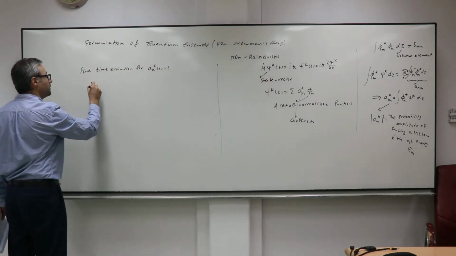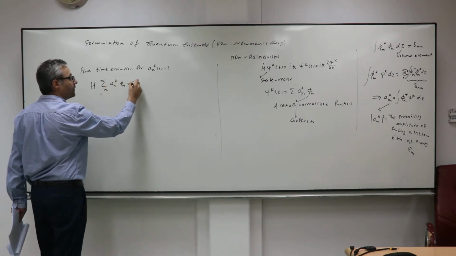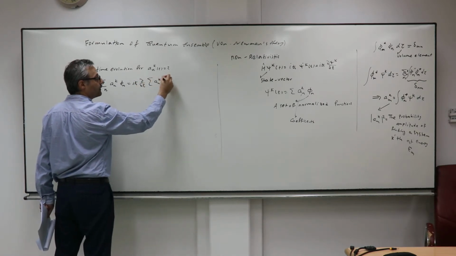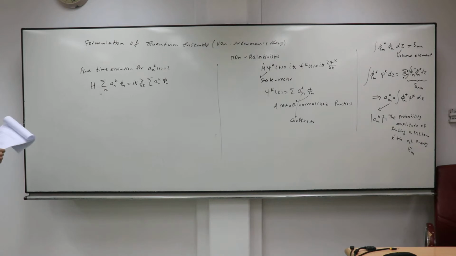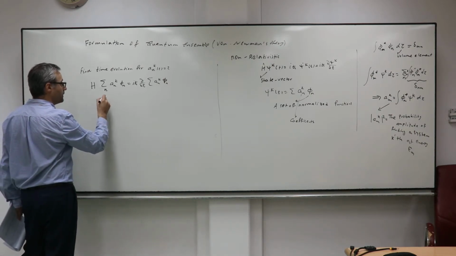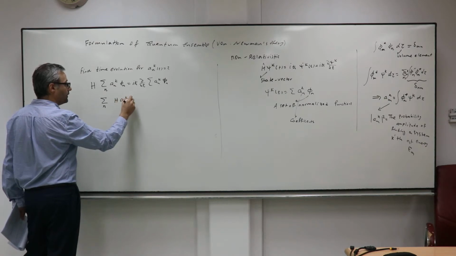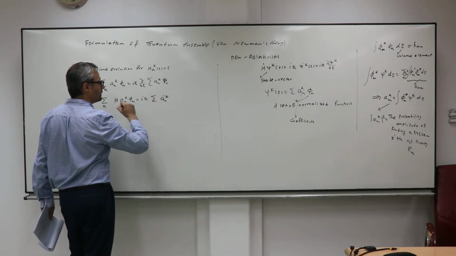So H sigma n a n chi phi n will be I h bar partial sigma a n chi psi phi n. I need to make it more simplified. So sigma n H a n chi phi n equals I h bar sigma a n chi dot.